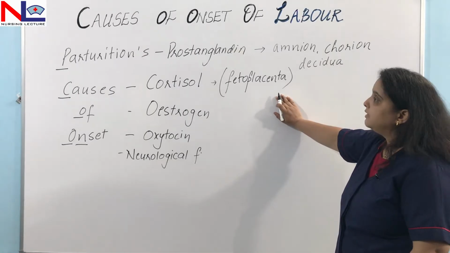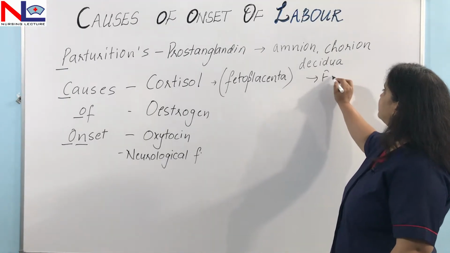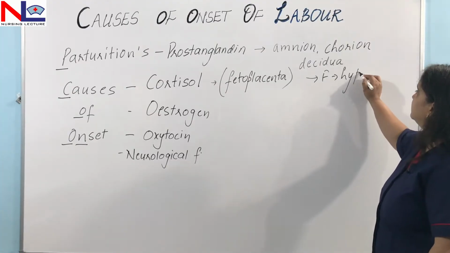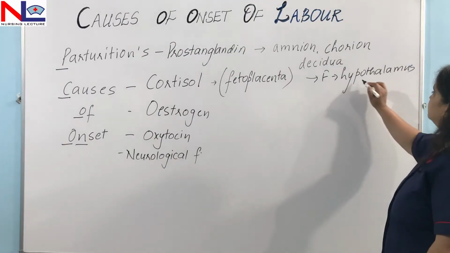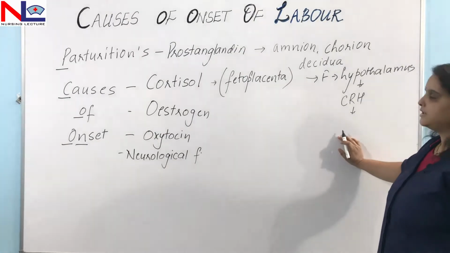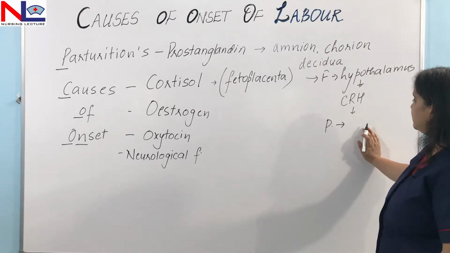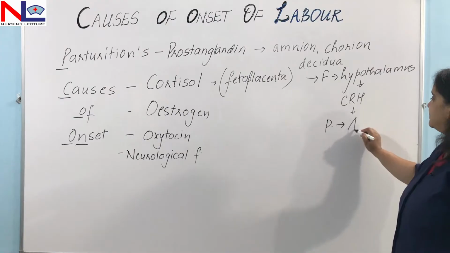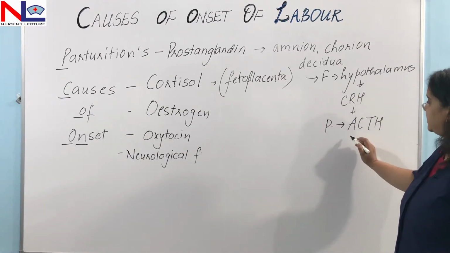So from where is this cortisol released? From the fetal hypothalamus, corticotrophin releasing hormone is released, and this then triggers the pituitary gland of the fetus, and this pituitary releases adrenocorticotrophic hormone, ACTH.